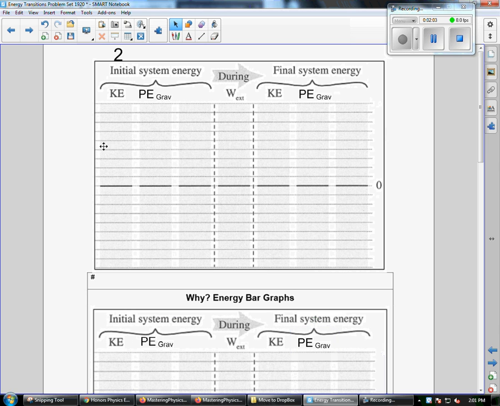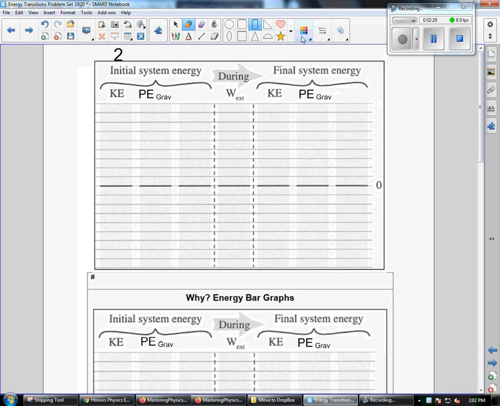All right. So, when the paint can's on the ground, is it moving? No, so no kinetic energy, right? How much potential energy do you have when it's sitting on the ground? 0. And then when it's up in the air, not moving again, just standing there, up there, it's going to have some PE grav, right?